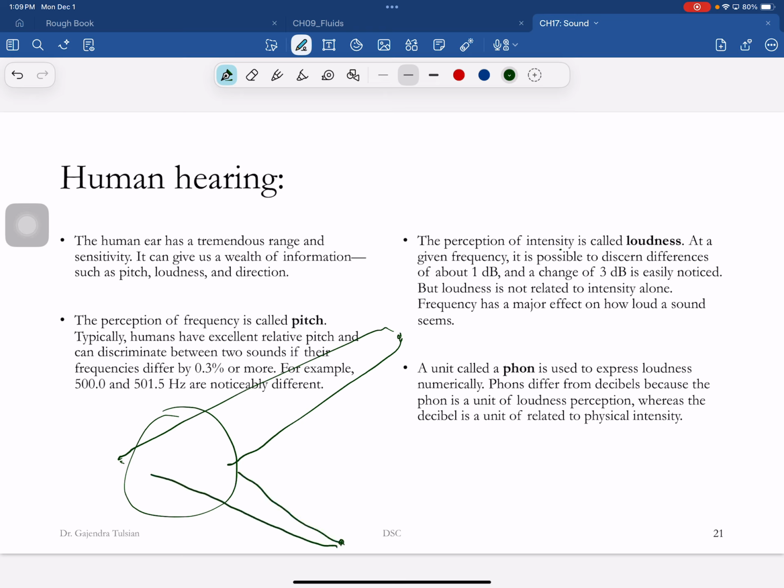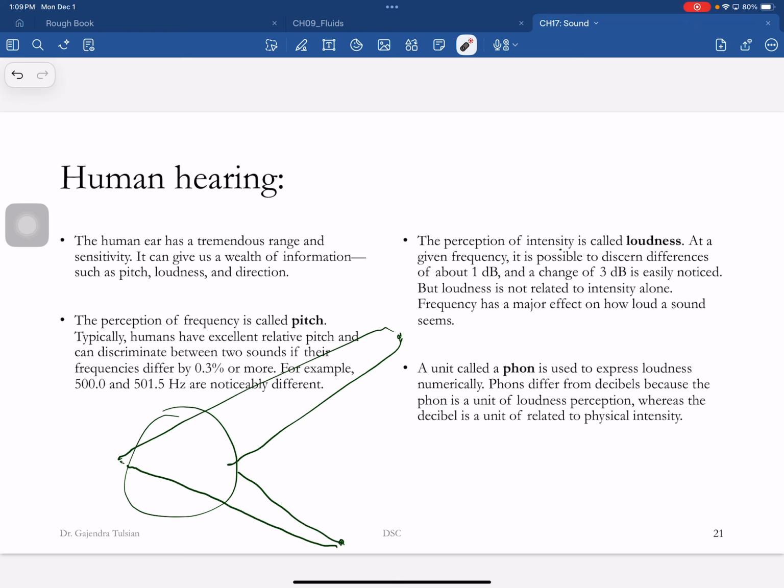This sound wave had to go through your head, so you can tell the difference between this and this. From the loudness, you can gauge how far away the source is, and so on.